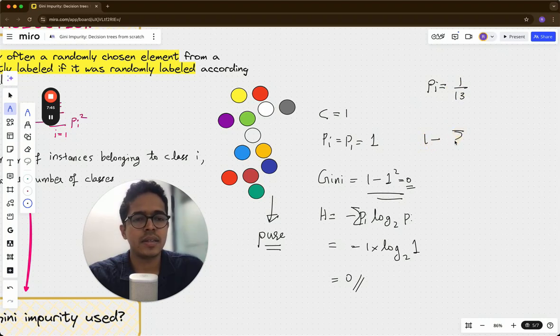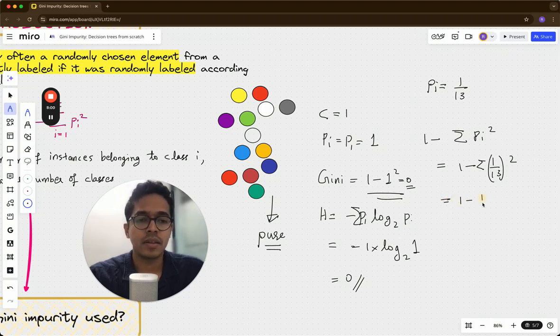And what happens to Gini impurity in this case? 1 minus sigma Pi square equal to 1 minus sigma of 1 by 13 the whole square. And how many times are you going to do this summation? 13 times. So this will be 1 minus 13 times 1 by 13 square, equal to 1 minus 1 by 13, equal to 12 by 13.